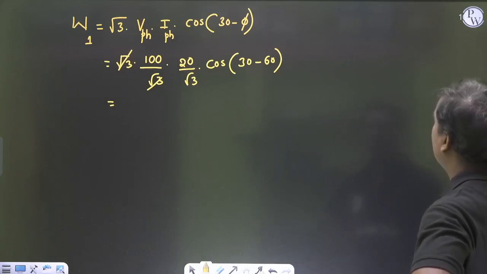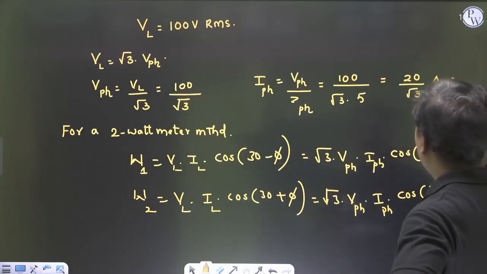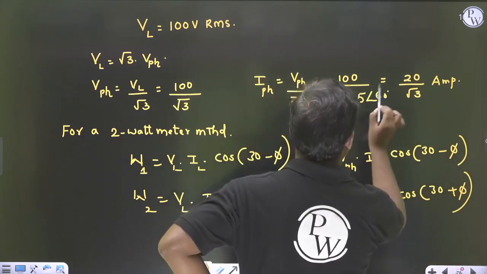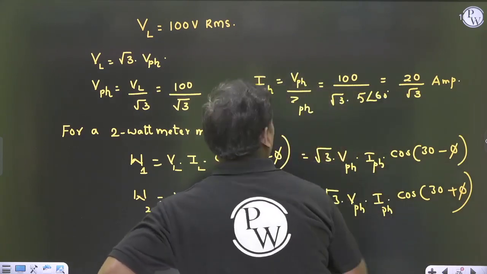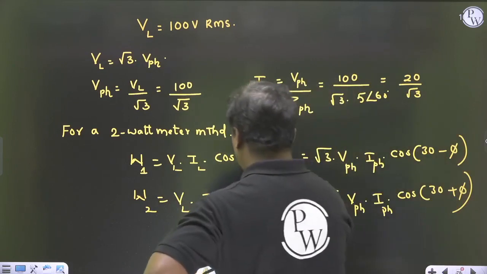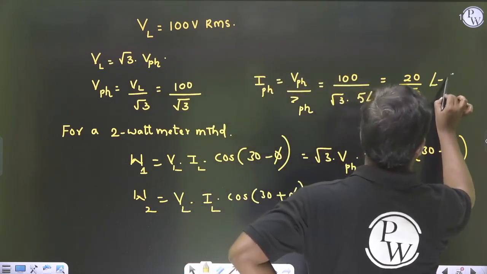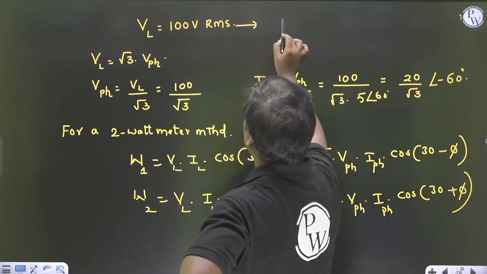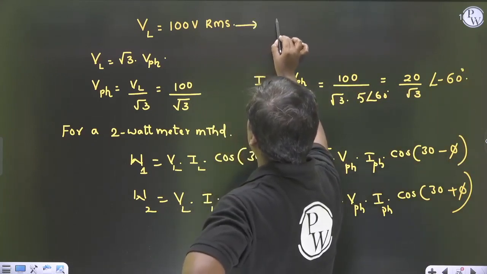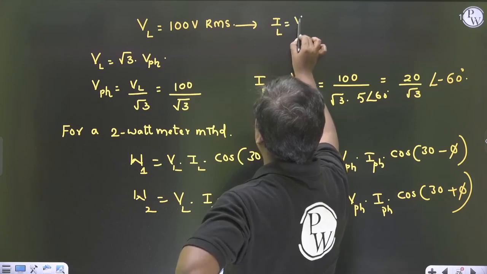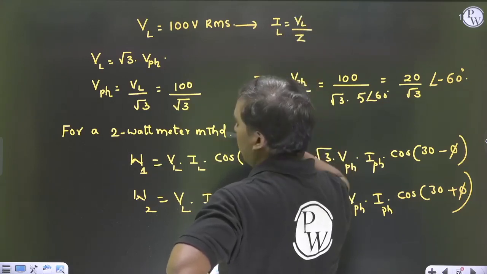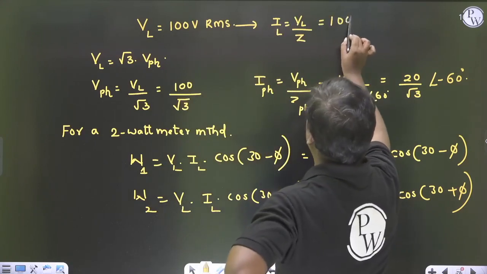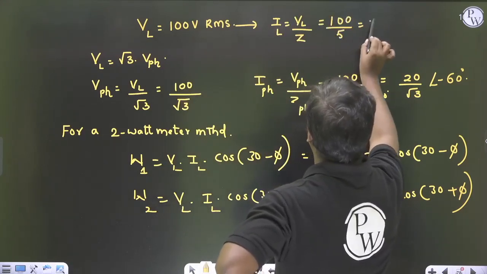We have done a mistake here. This phase current definitely has 60, right? Definitely here it will come as minus 60 when it comes to the top. But we will take the positive deflection directly. VL is equal to 100, so what is the IL? IL is equal to VL by Z, line to line impedance. So this is going to become 100 by 5, which is equal to 20 amperes.